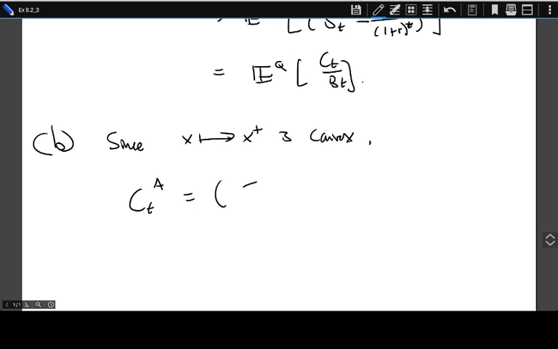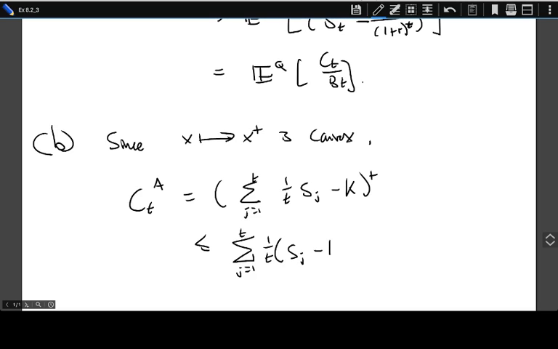C_T^A, which is the sum from 1 to T, 1 over T, of S_j minus K, plus, is less than or equal to the sum, j equals 1 to T, of the same but with the convex function now inside.